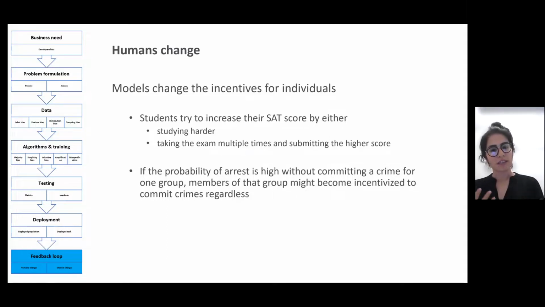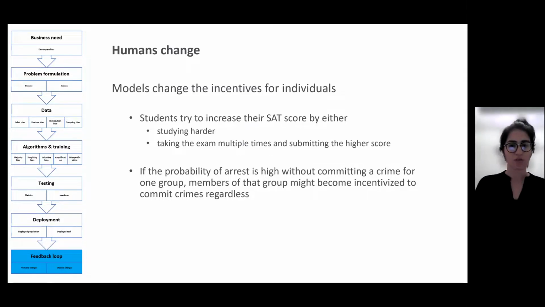As another example, if the probability of arrest is high without committing a crime for one group, then it's possible for the members of that group to become incentivized to commit crime regardless.